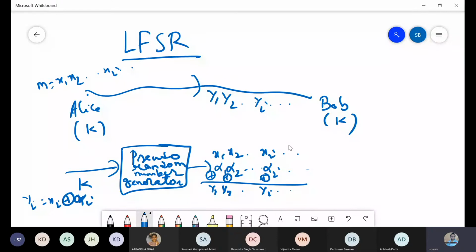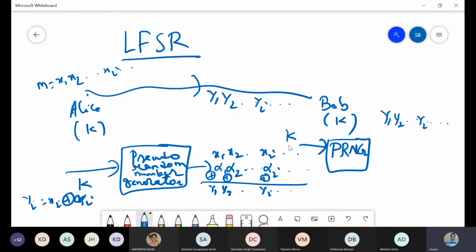So this is the encryption, and for decryption, Bob is receiving y1, y2, yi, the ciphertext bits, and Bob has the same key, so Bob should have the same pseudo random number generator, PRNG, the same box.